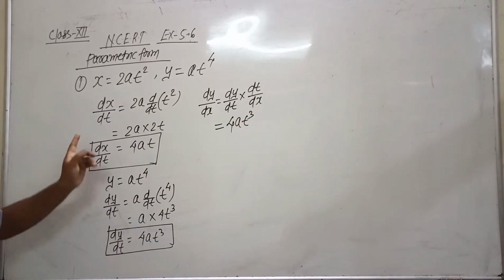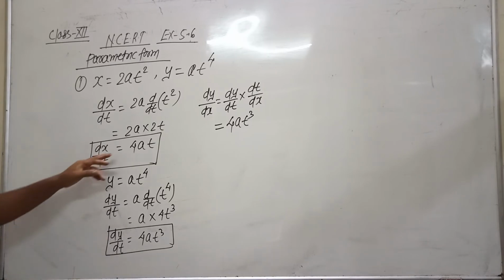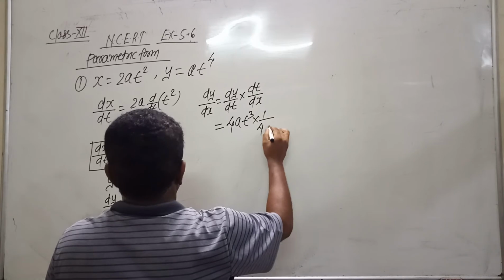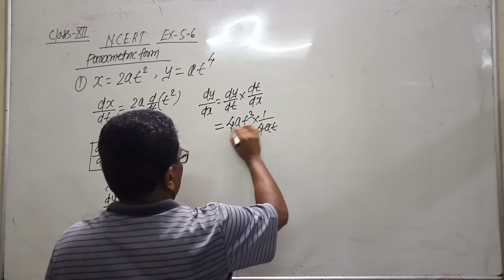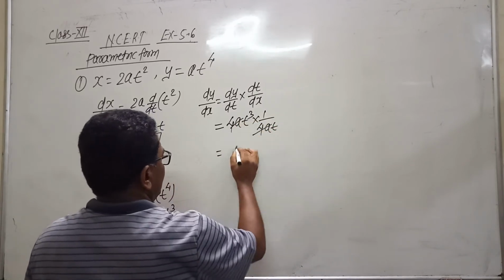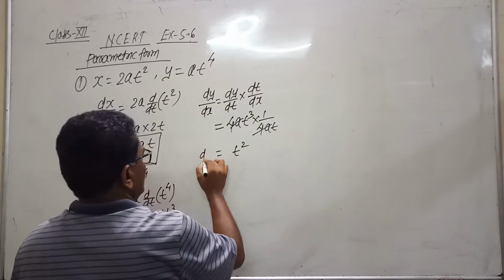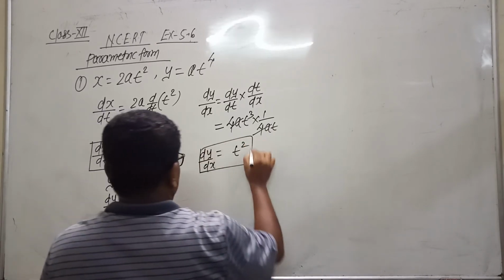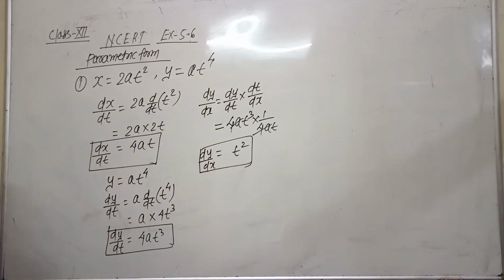For finding dt by dx, we make it reciprocal. So dt by dx comes to be 1 by 4at. 4a and 4a cancel, and t cubed divided by t, the result comes to be t square. So we get dy by dx equals t square.